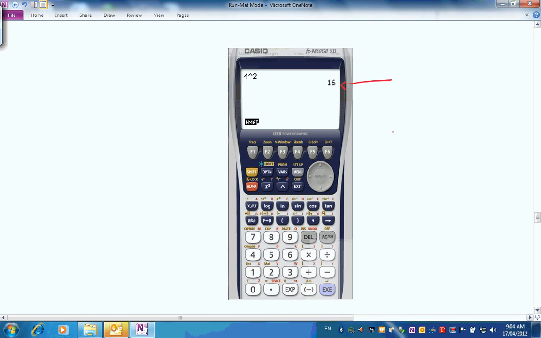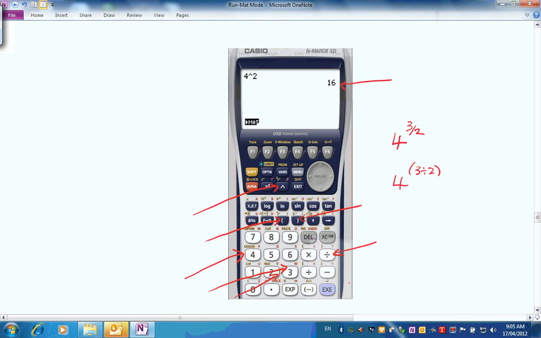I would like you, however, to try 4 to the 3/2 by hitting 4, raise to a power, and then use a bracket, 3 divided by 2, followed by another bracket.